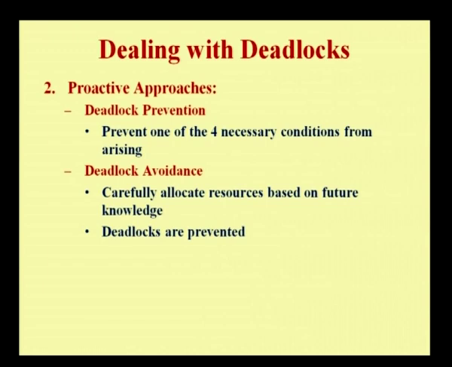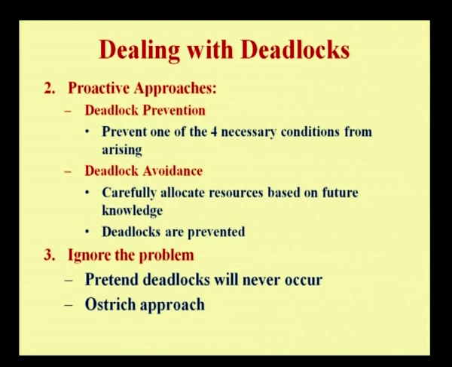Then the other proactive approach is deadlock avoidance. How do we avoid a deadlock? We need to carefully allocate the resources based on future requirements, and when we are able to identify and allocate the necessary resources, then definitely a deadlock could be prevented. So this is our second approach of dealing with deadlocks.